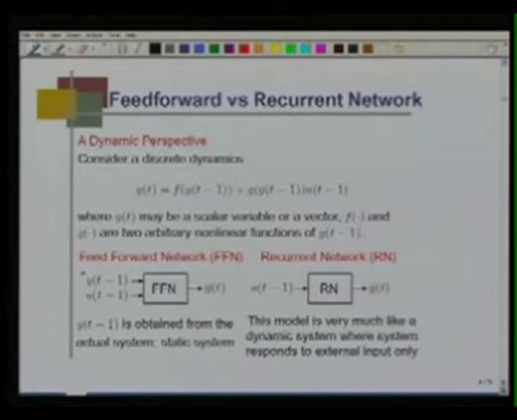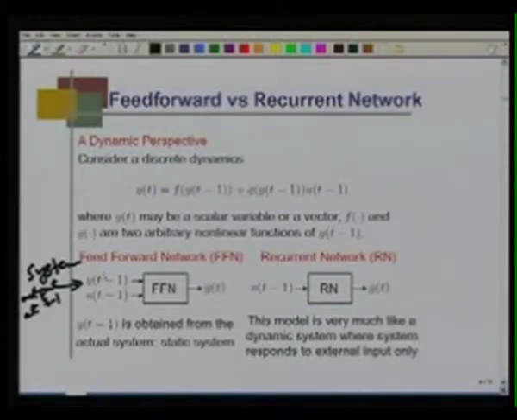And this is system output, not the network output. So this is system output at instant t minus 1.